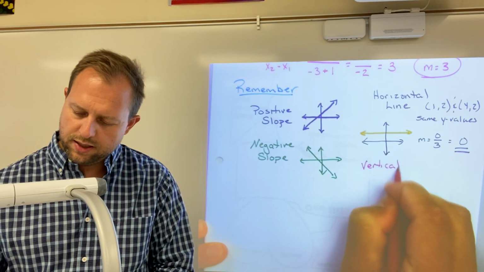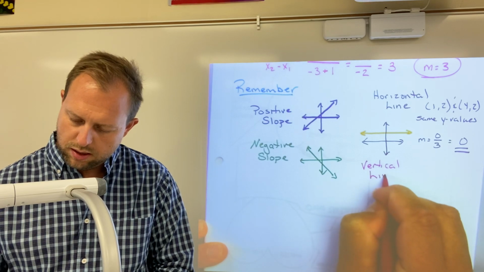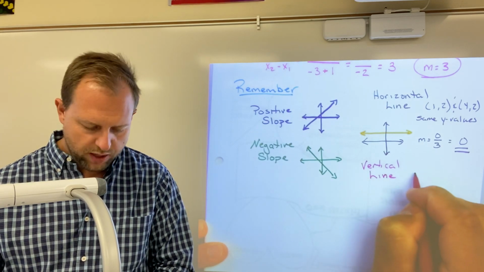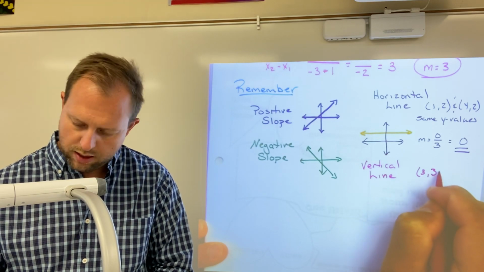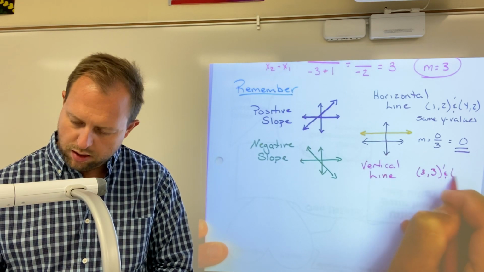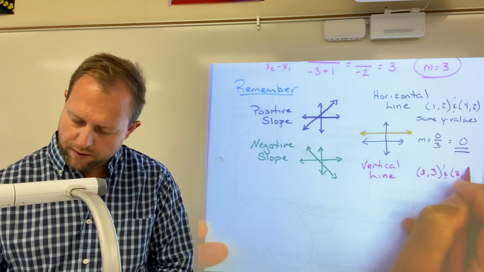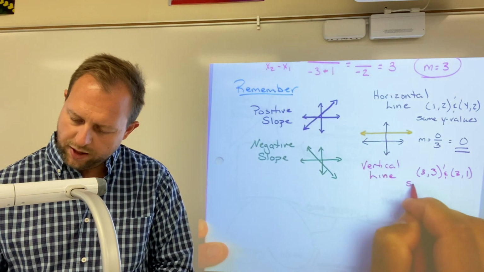Vertical lines, and let's use 3 comma 3 and 3 comma 1 have the same x values.